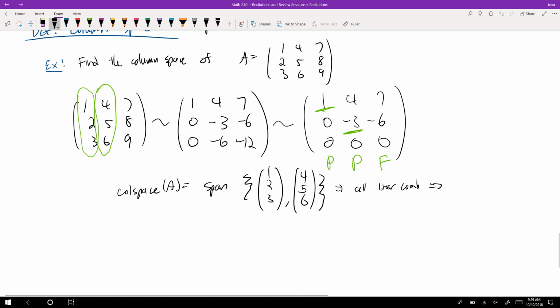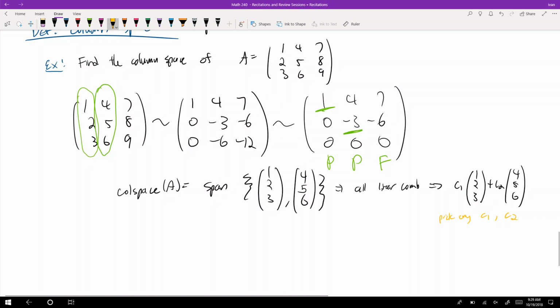So that's going to be C1 times 1, 2, 3 plus C2 times 4, 5, 6. It's literally, and then you can pick any C1 and C2. So that's what the span of that set of vectors means. So the column space is everything that's a linear combination of those two vectors.